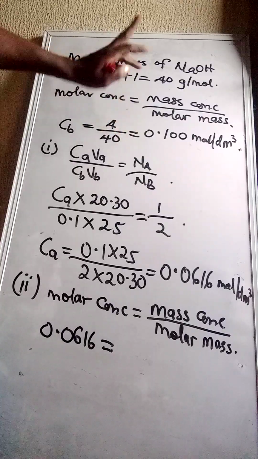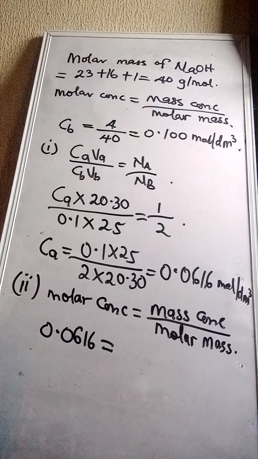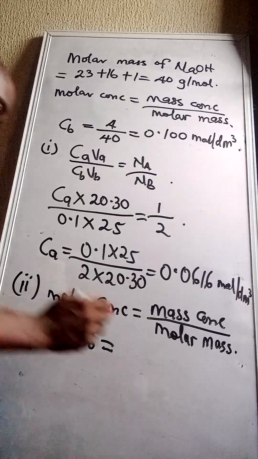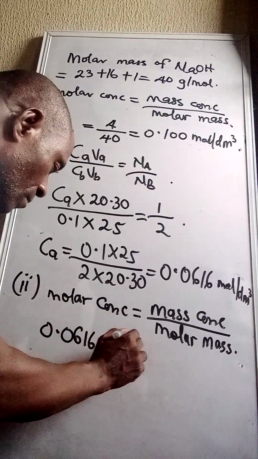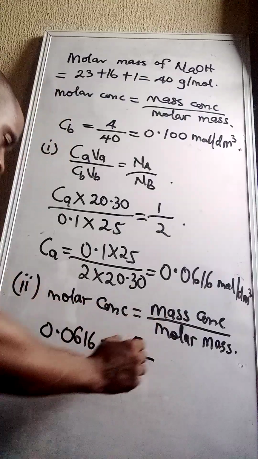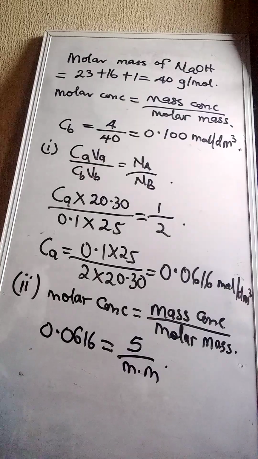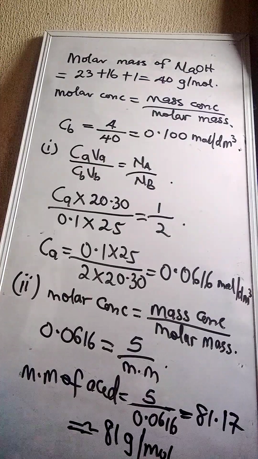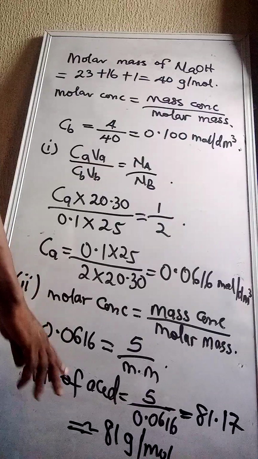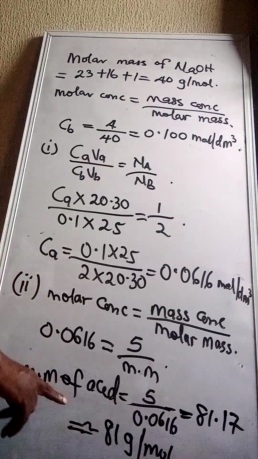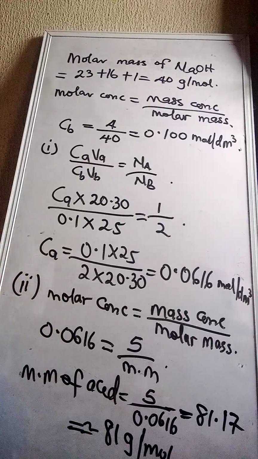In the given question, yes, that is 5 grams per dm cube, over the molar mass we are looking for. By cross multiplication, what will be the molar mass? So this is the molar mass of the acid H2Y.